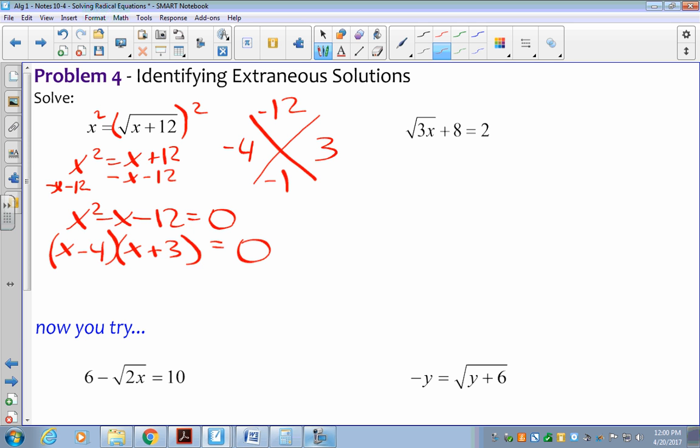Once we have it factored, the answers are each individual factor set equal to 0. So this is x equals 4 and x equals -3. I have to test both of them.